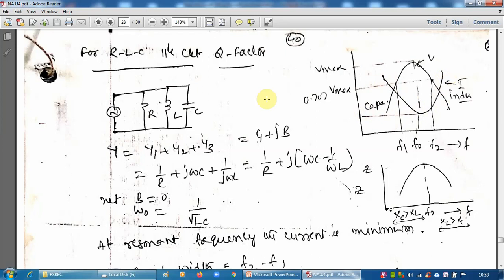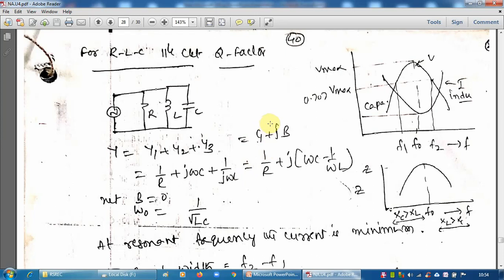Why? Because if the admittance of the parallel circuit is expressed as Y, then the current in that circuit is I equal to V into Y. Hope you have remembered, if the circuit impedance is Z, then current I equal to V by Z. I explained that in the previous class when I was talking about the impedance of an AC circuit.